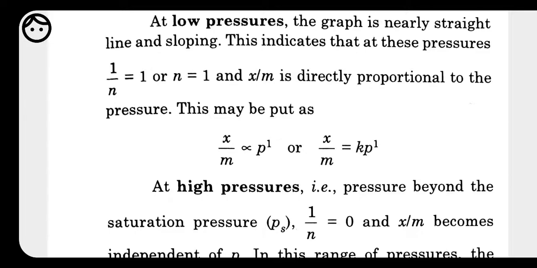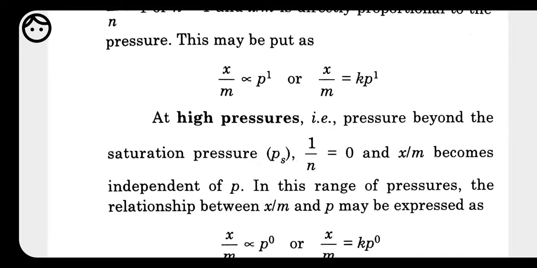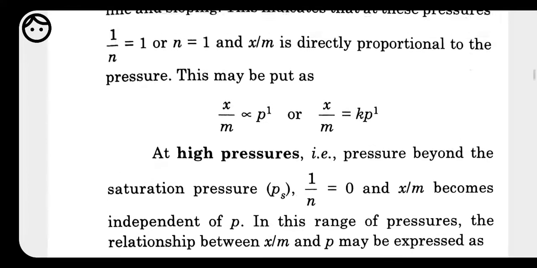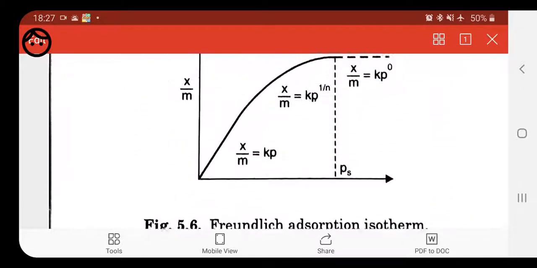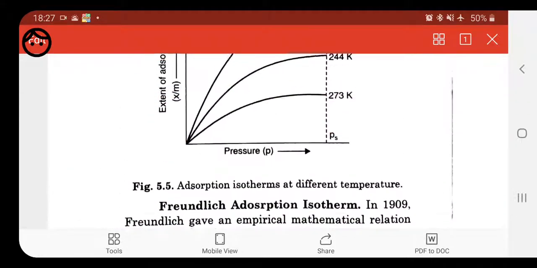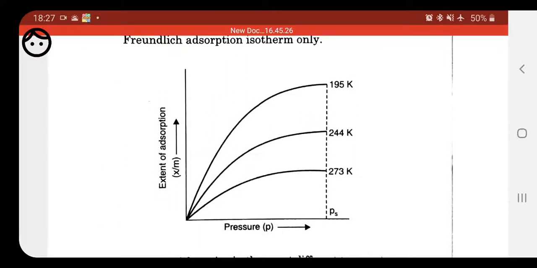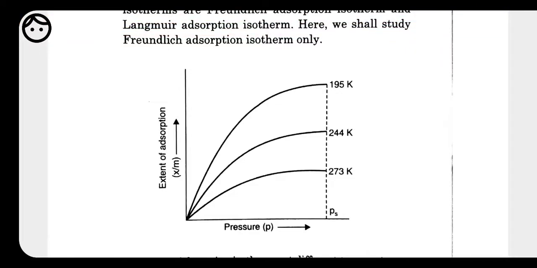Again, when he took high pressure, what is found is that after increasing the pressure to the maximum, slowly as we increase the pressure, after reaching a certain height, the line goes on straight.